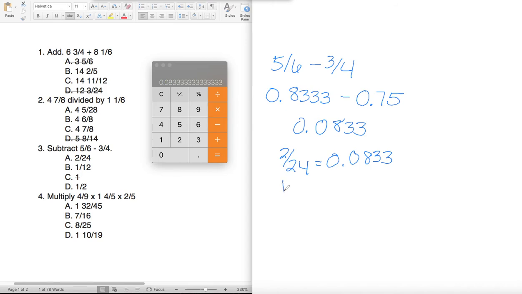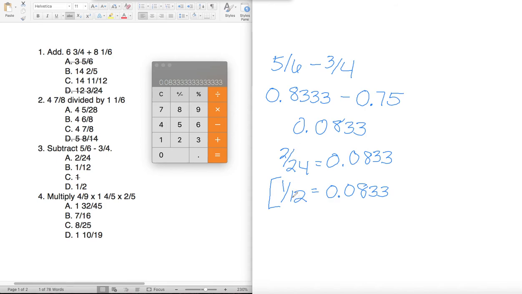The next answer is 1/12. 1 divided by 12 is the exact same thing. The reason for that is that they're representing the same number, but 1/12 is reduced. 2/24 can be reduced to 1/12, and the correct answer is always going to be the one that is reduced.